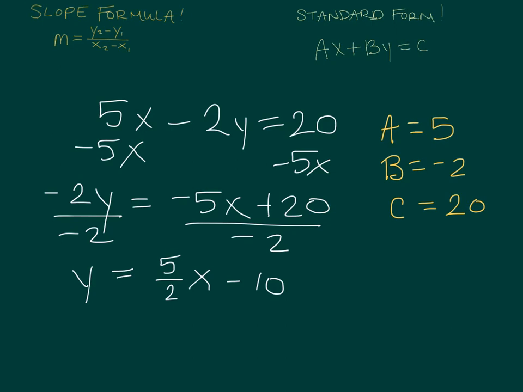So subtracting 5x from both sides, then you'll notice that I wrote -5x plus 20 in this case because I just want to keep this and make it look like slope intercept form, y equals mx plus b. So I just put this term first, then I divided both sides by -2.